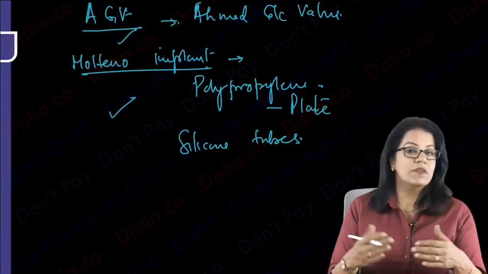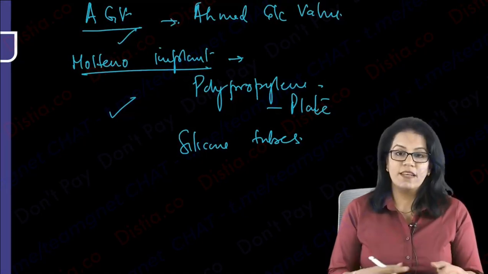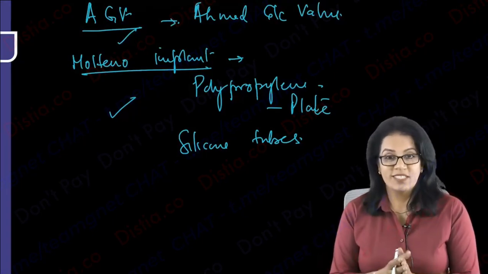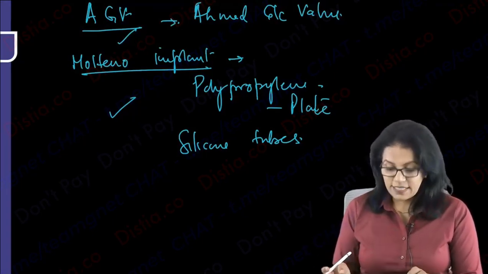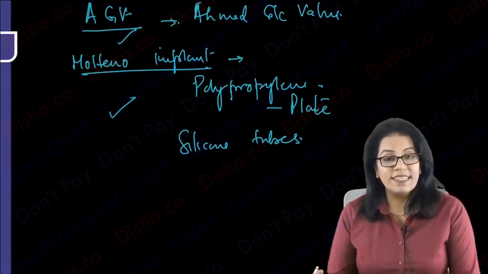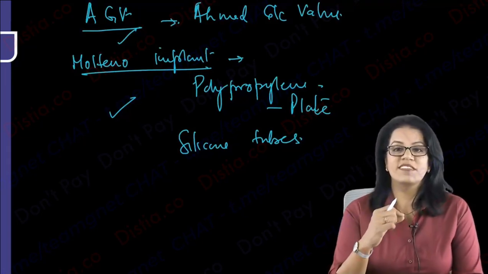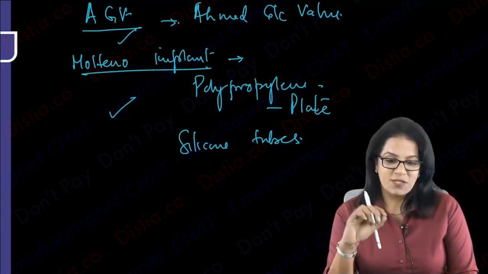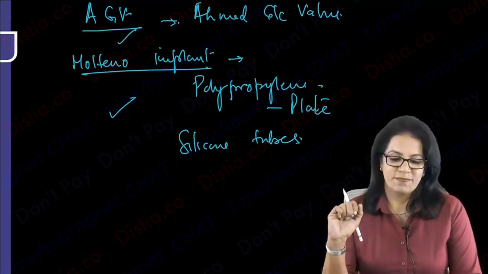Earlier generation implants were not valved. So what was the problem here? Too much drainage, creating hypotony and complications of hypotony. But with the next generation implants like the Ahmed glaucoma valve, we have a valve. As soon as the pressure reaches 10, the valve will close. We don't want a pressure less than 10. 10 to 21 is the normal pressure, right?